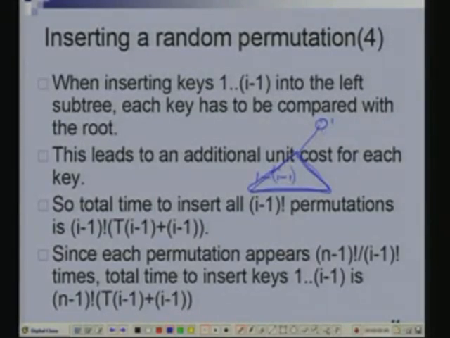The keys 1 through I minus 1 are coming here, and the other keys are coming here. How much time am I spending in creating this part? Well, whatever was the average for this plus one more for each one of these nodes, because first I compare here and then I come down here, because the level of each of these nodes is actually one more in this tree than it is in this tree. If there is a node here whose level is 2 in this tree, then it has level 3 in this original tree.